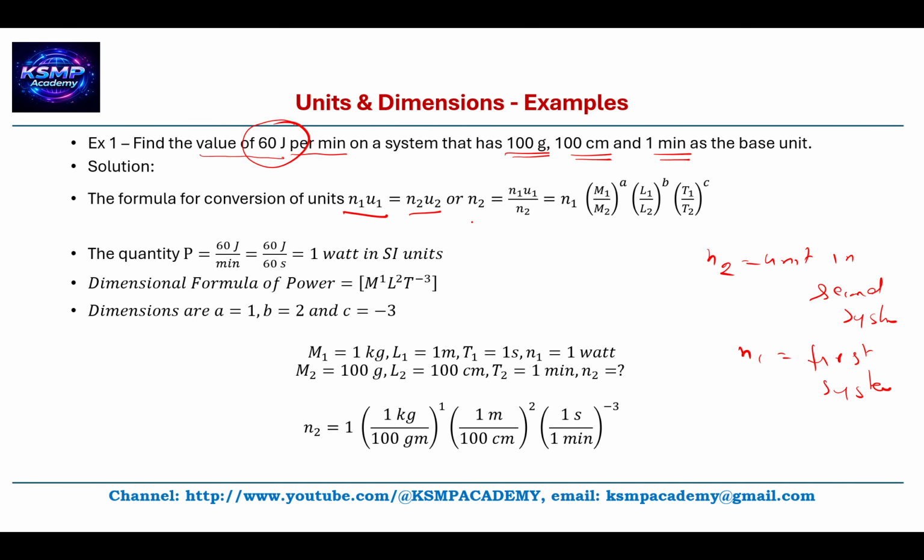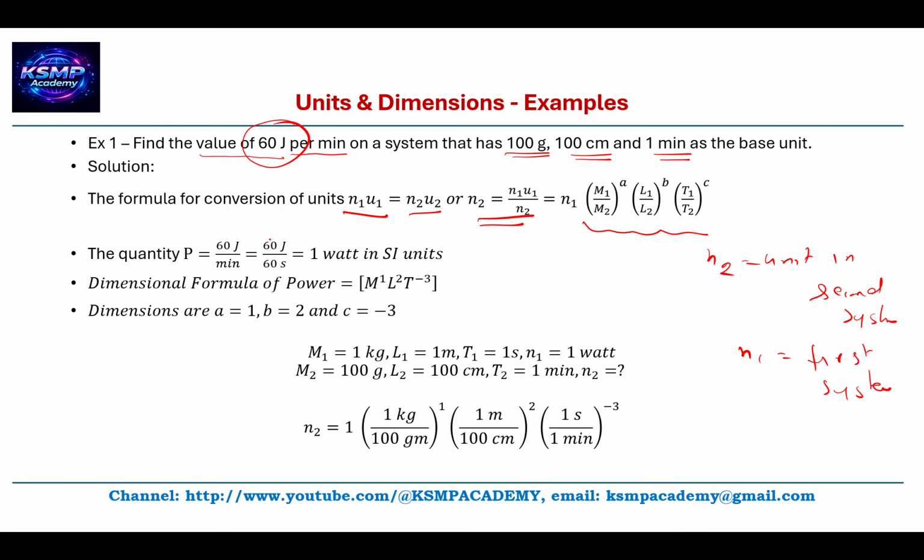From this formula we can write N2 as N1U1 upon U2, and assuming that this physical quantity given to us has dimensions A, B and C, we can write this formula. So if we know these values A, B, C and the other values, then we can find the value of N2.